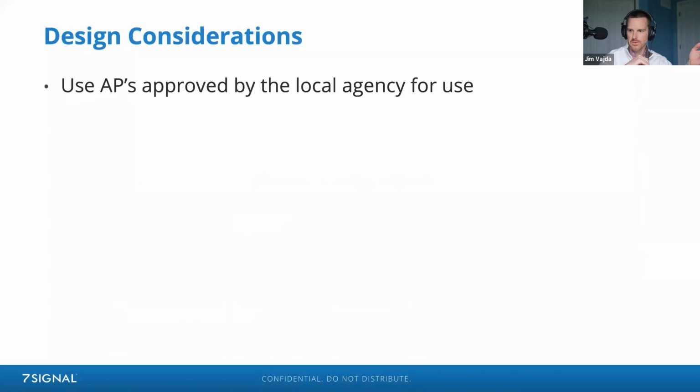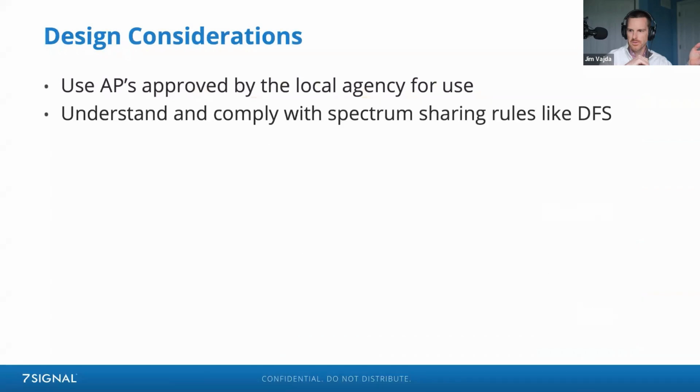So a couple design considerations. Use the APs approved by the local agency for use, of course. Understand and comply with the rules set by that agency. Test the DFS channels you wish to use.